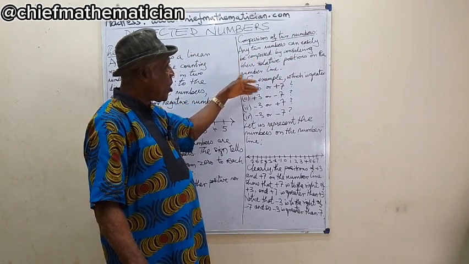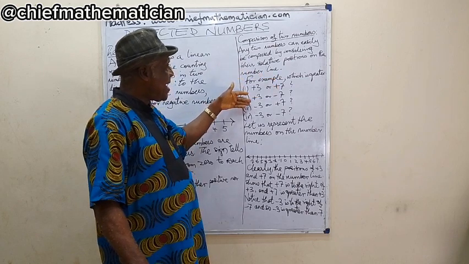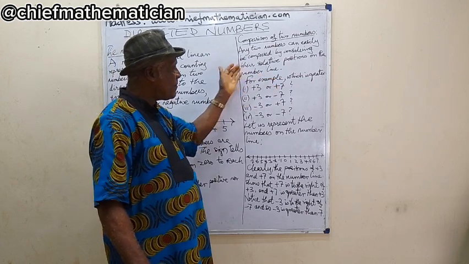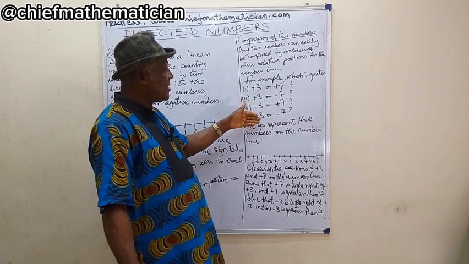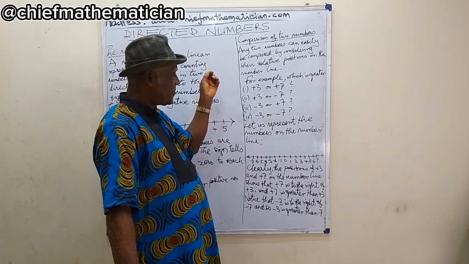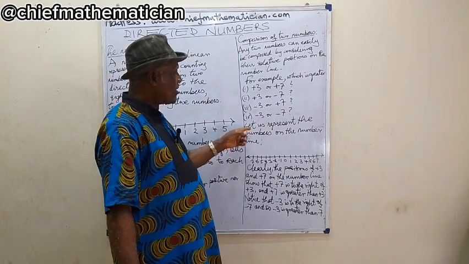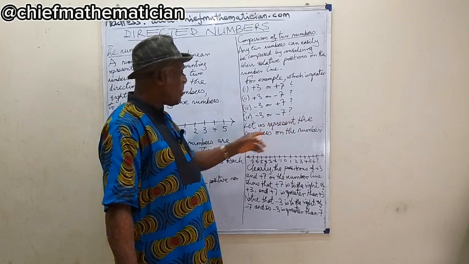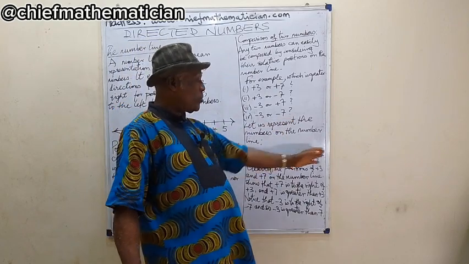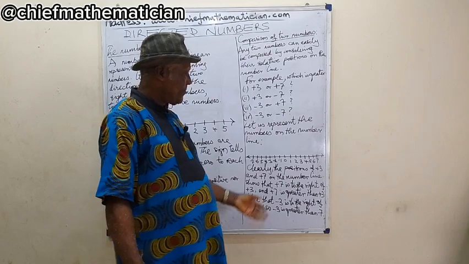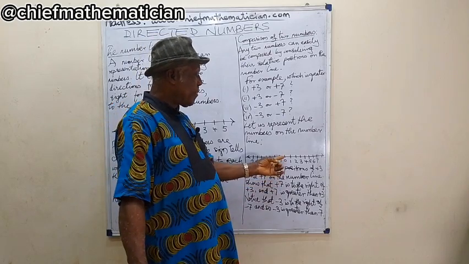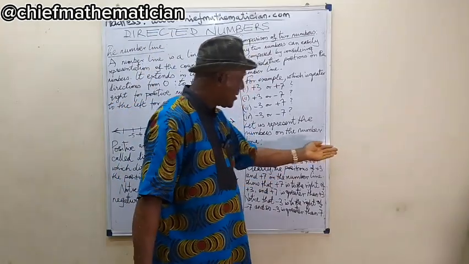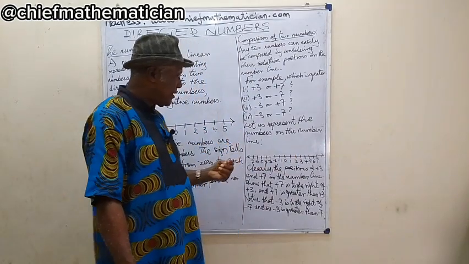Plus 3 or minus 7? Minus 3 or plus 7? Minus 3 or minus 7? Let us represent the numbers on the number line. You draw the number line. Again, beginning from 0, you count positively to the right, negatively to the left.